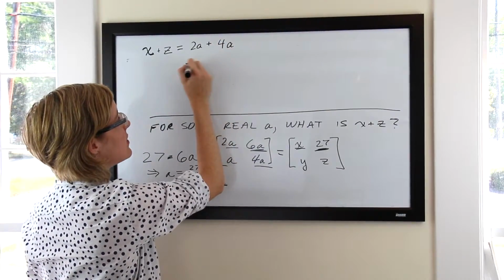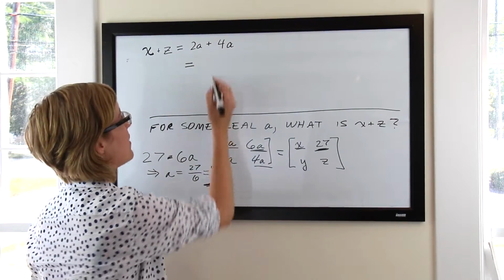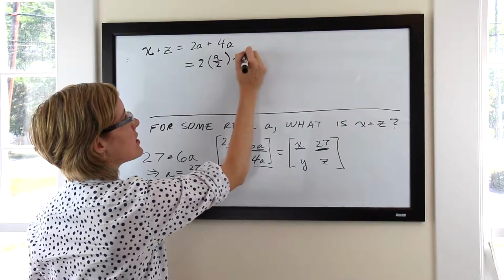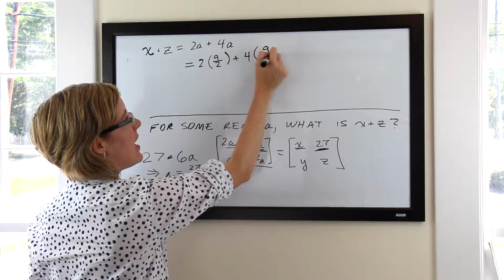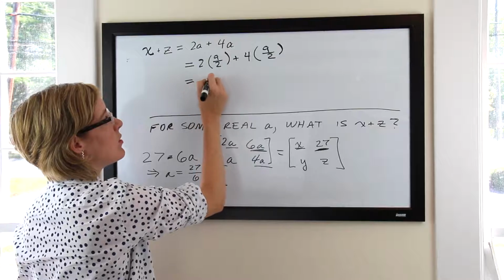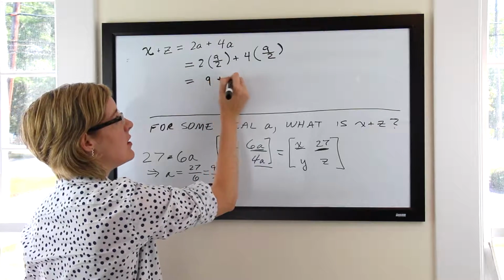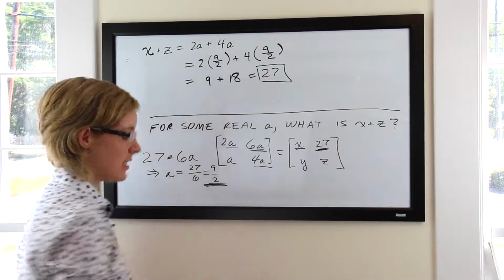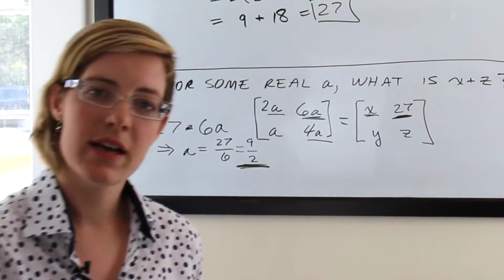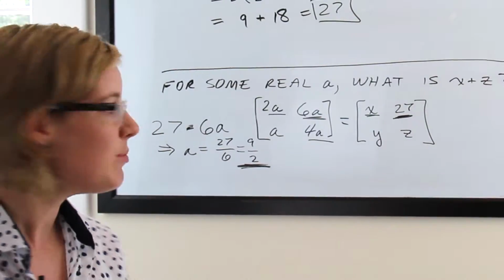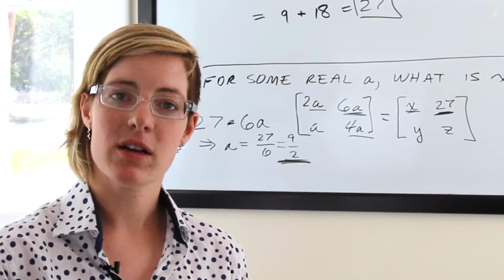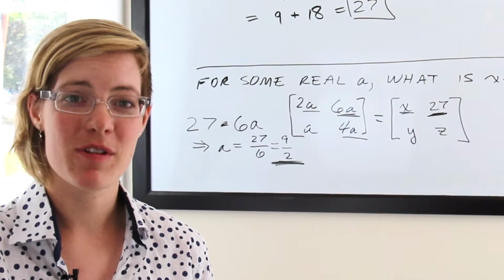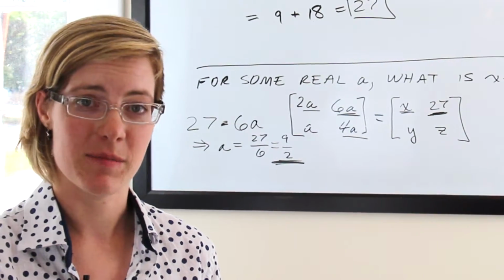And we're going to plug in our A of 9 halves to get 2 times 9 halves plus 4 times 9 halves. And that will equal 9 plus 18, which is 27. And 27 is our answer. Remember, this is just algebra. It's a simple way of comparing equations. And that is the sum total of what you're going to need to know for the type 1, which is the comparison of elements type of problem.